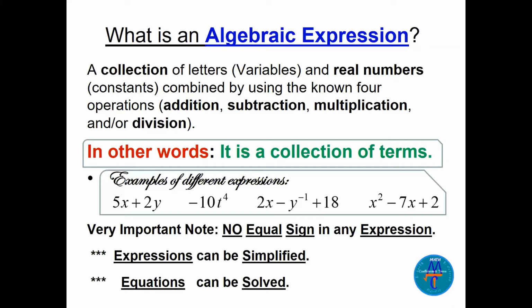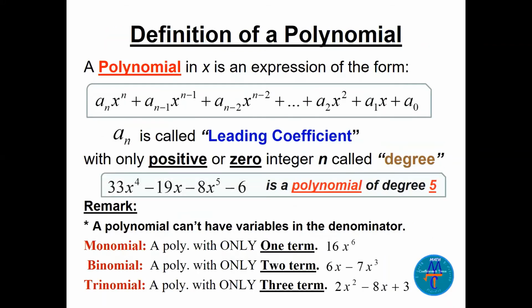If you have an equal sign in the question, if you have equal something, like 2x minus 1 is equal to 17, this is not an expression, it's an equation. Later we will see the equation definition, where it comes from, and what we do with equations. Now expressions can be simplified. So this is the main item in this video, expression.